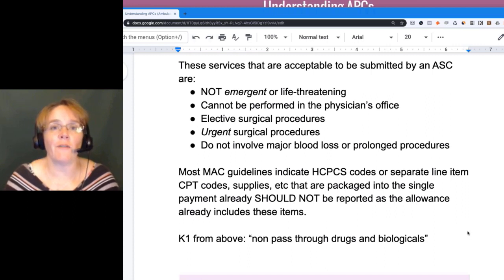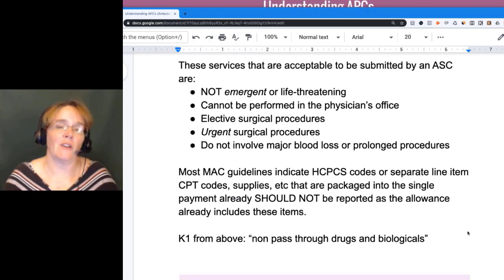Something that's not going to involve major blood loss or a prolonged time opening that patient up and dealing with it. You don't want to extend any of those circumstances that could cause infections, blood loss, oxygen rates, anything like that, because those services, they're not equipped for things like that.